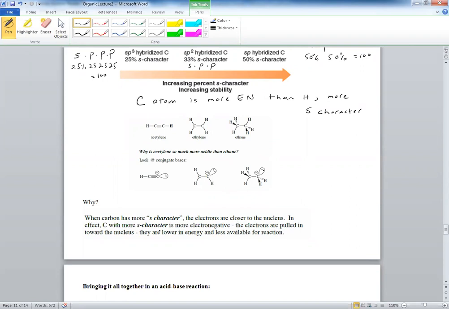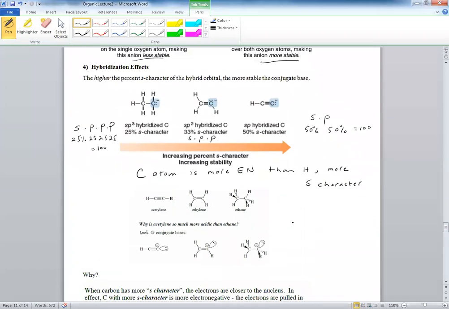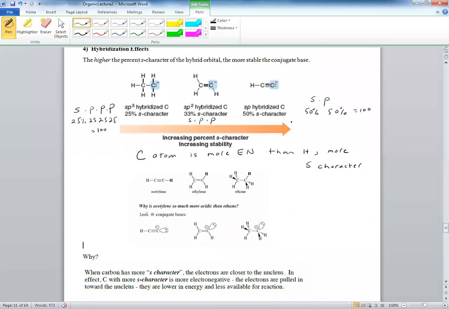In effect, C with more S character is more electronegative. Electrons are pulled toward the nucleus and they are lower in energy. So what you need to remember is that the more S character you have, the stronger the acid will be.